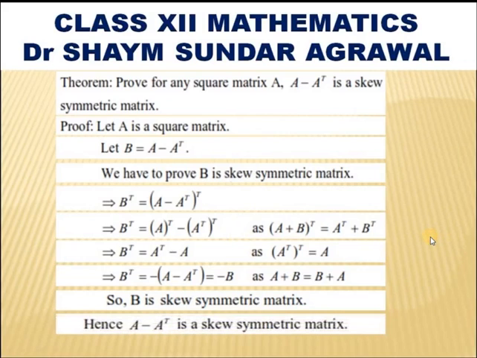Hence, A minus A transpose is a skew symmetric matrix. Is it clear?